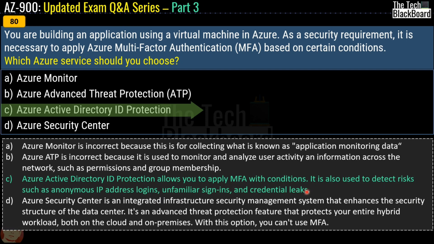Hopefully, this makes it clear why we have chosen Azure Active Directory ID Protection as the answer to this question. Moving on with Azure Security Center. Basically, Azure Security Center is an integrated infrastructure security management system that enhances the security posture of data centers. It's an advanced threat protection feature that protects your entire hybrid workload both on cloud and on premises. With this option, you cannot, however, use MFA or multi-factor authentication.